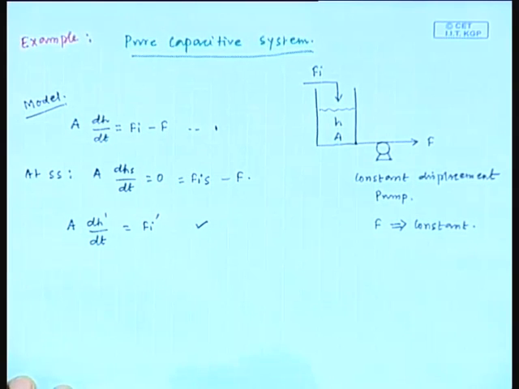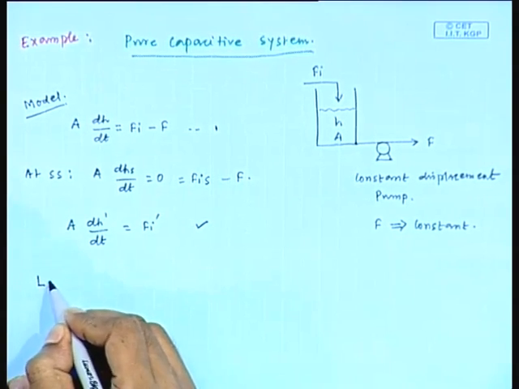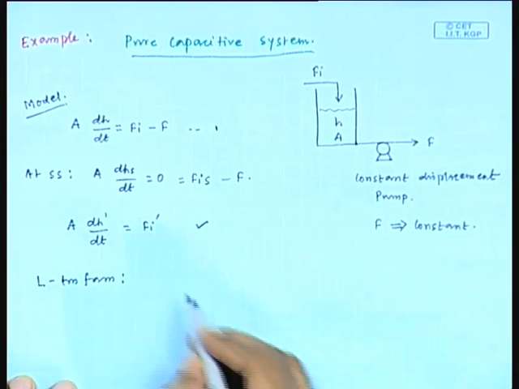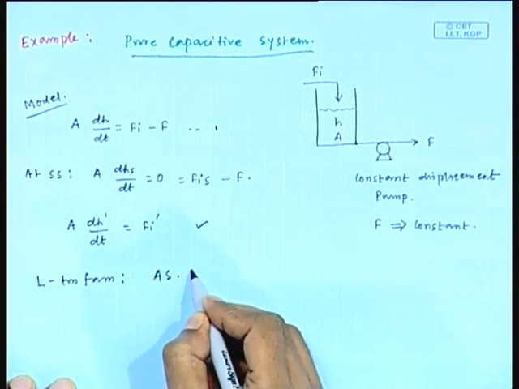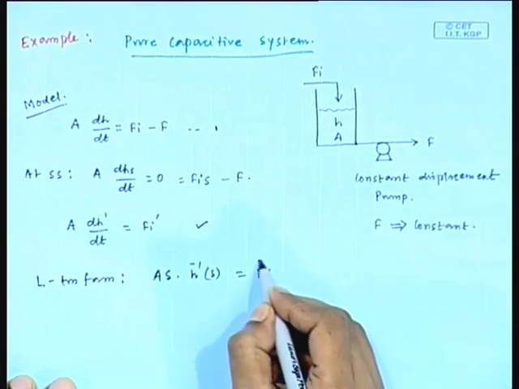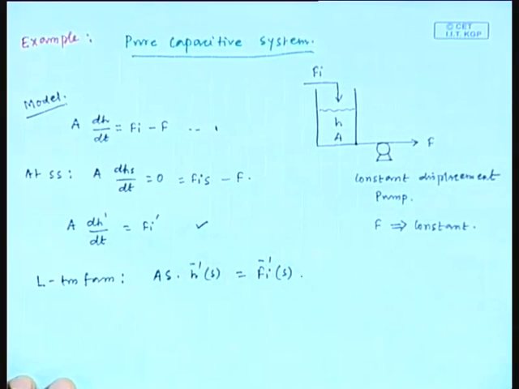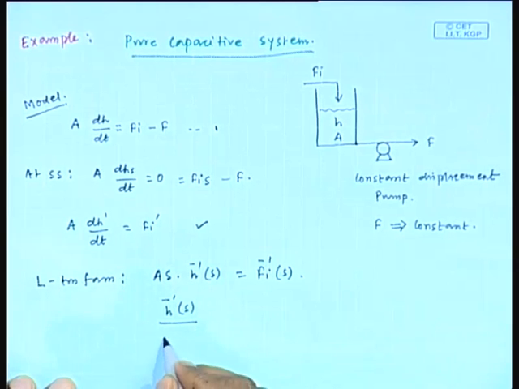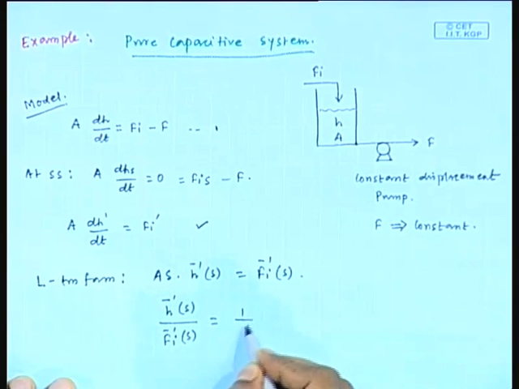Now, what will be the transfer function of this? If we take Laplace transform again, A s H bar prime s equals this. So, H bar prime s divided by Fi bar prime s equals 1 divided by A s.